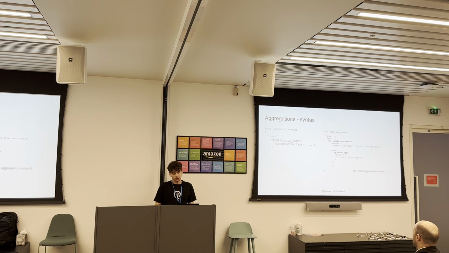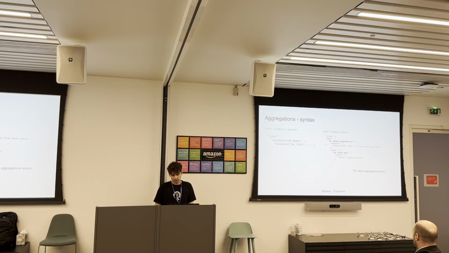My tip is, especially when we get to bigger queries, name your aggregations wisely, because sometimes it's very easy to get lost on what is being computed. We will see some examples over the course of this presentation, but in general, it's very useful to name your aggregations in some sort of meaningful way.